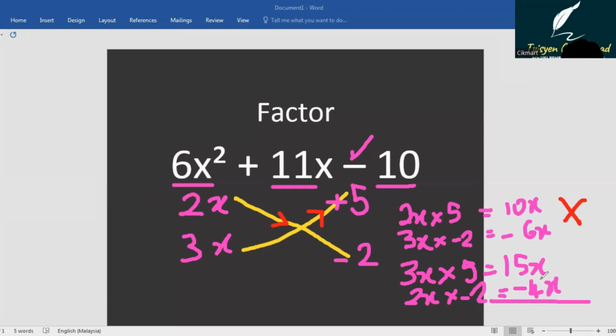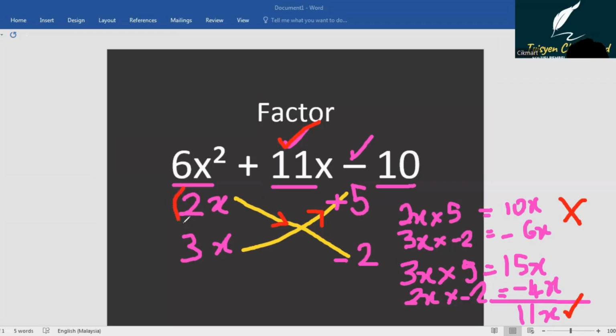So combining this, 15x minus 4x. Yes, this is what we're looking for: 11x, which tallies with the sum of the roots. I put S here. It tallies with 11x, meaning that the combination is correct.